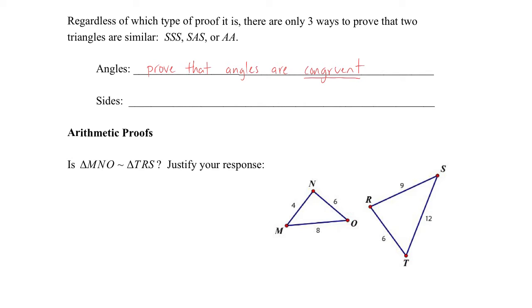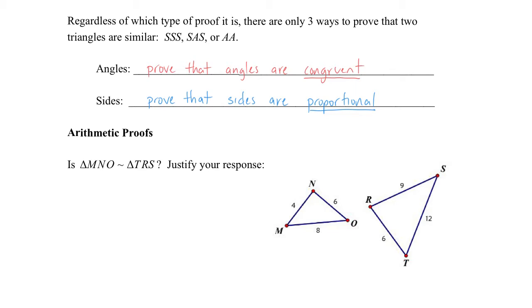But with sides, obviously we're not going to prove that sides are congruent because we're talking about similar figures, which means the sides are not congruent. We want to prove that the sides are proportional. And that we can do.